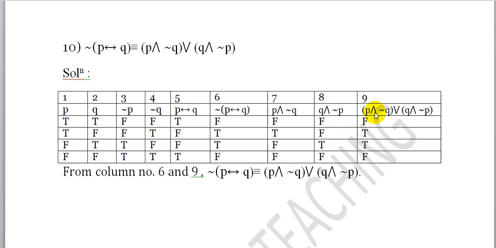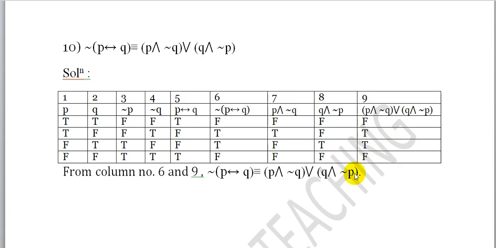For column number 9, using column number 7 and 8, with the OR rule in between them. So F or F is F, T or F, T, F or T is T, and F or F is F. Means for the OR rule, if at least one is true, then it is always true, otherwise false.